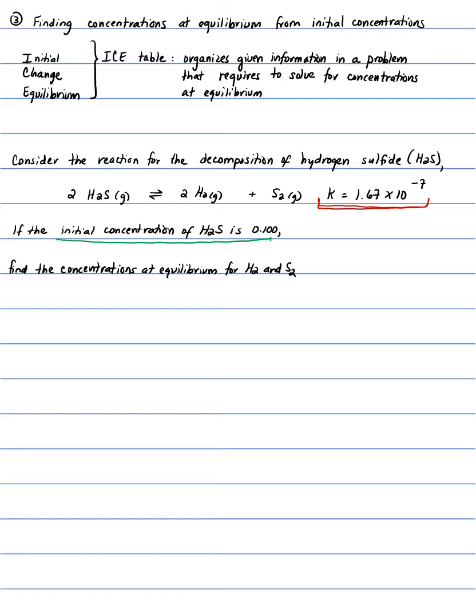Remember, if the value of K is greater than 1, it means that your equilibrium is shifted towards the product side. So at equilibrium, you have more product than reactant. If the numerical value of K is less than 1, then that means that at equilibrium you have a lot of reactant and a small amount of product.